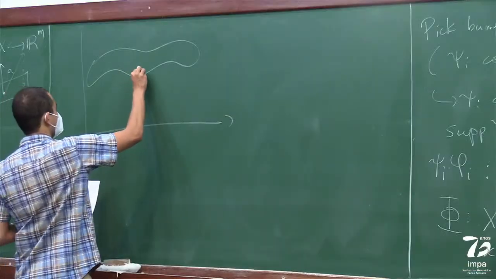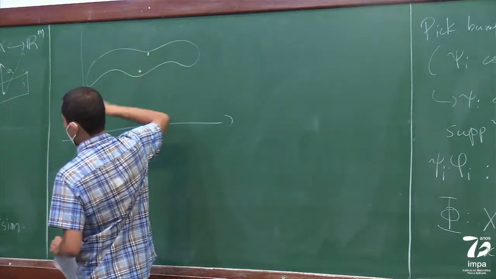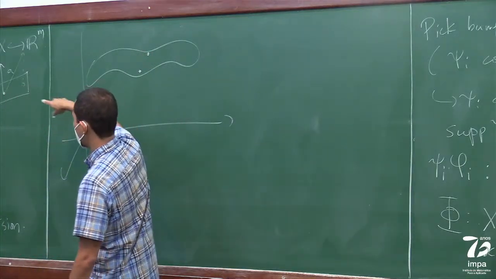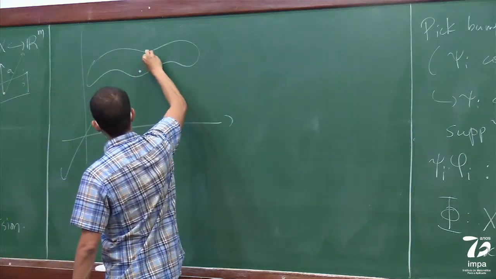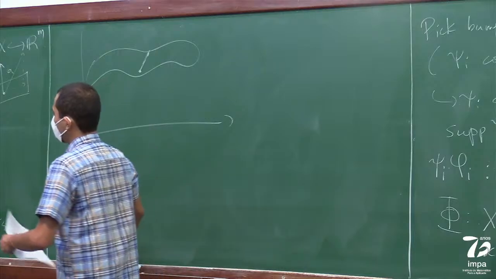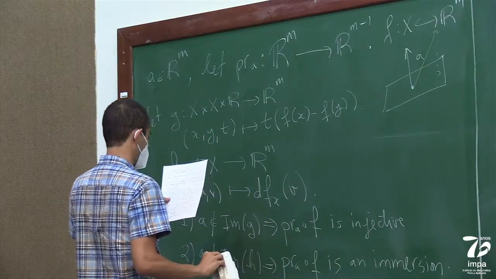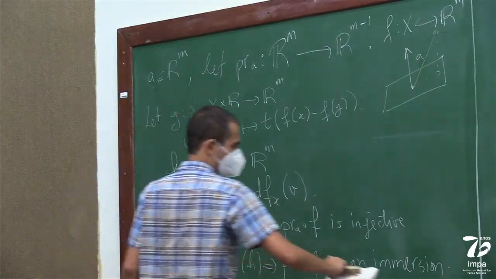So basically, what does it mean? What you're doing here is looking at the function G, the difference of these two guys. Oh, sorry, I forgot to project. Oh, no, that's right.